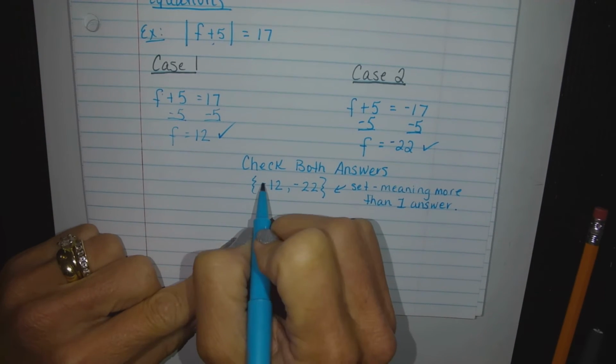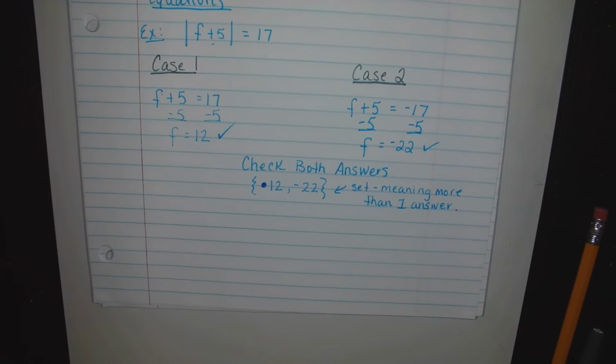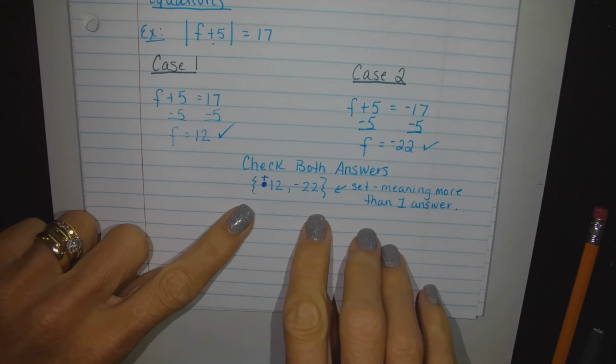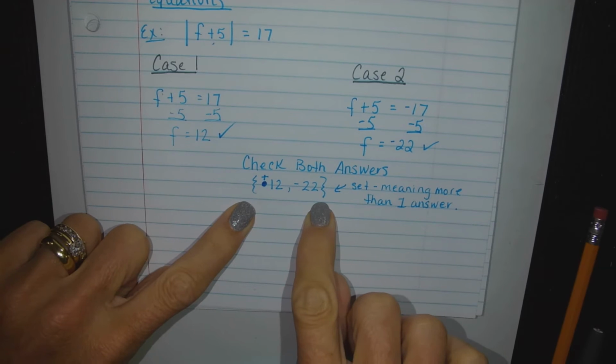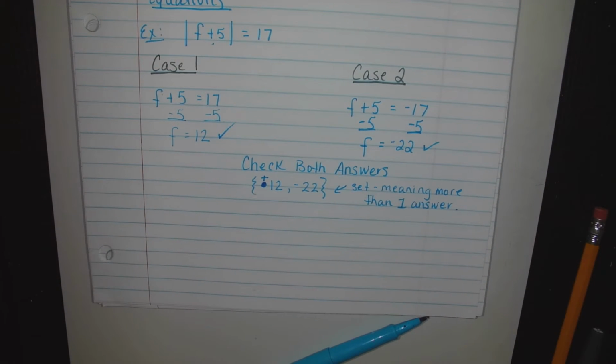Oh, wait, thank you. Sorry about that. Positive 12. Thank you. So that denotes these little symbols. That's a set of numbers, which all that means is you have more than one. When we talk about domain and range here in a few weeks, we're going to have a larger set. All it means is more than one.